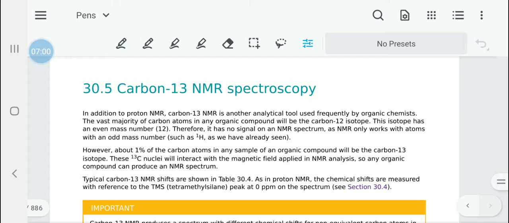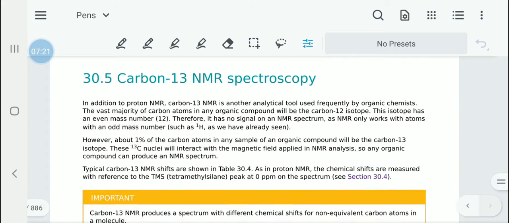Most of the carbon atoms in organic compounds are the carbon-12 isotope. It has an even mass, so it does not show any signal on the NMR spectrum, because only nuclei with odd mass, such as 1H or carbon-13, will show.